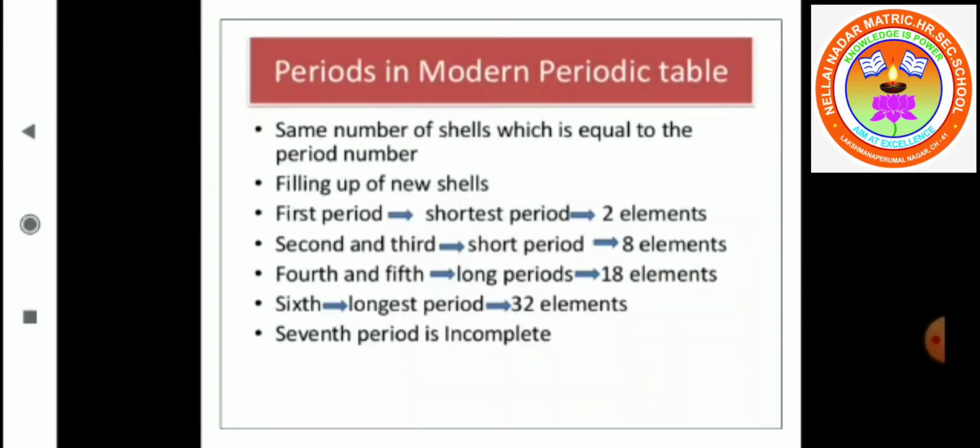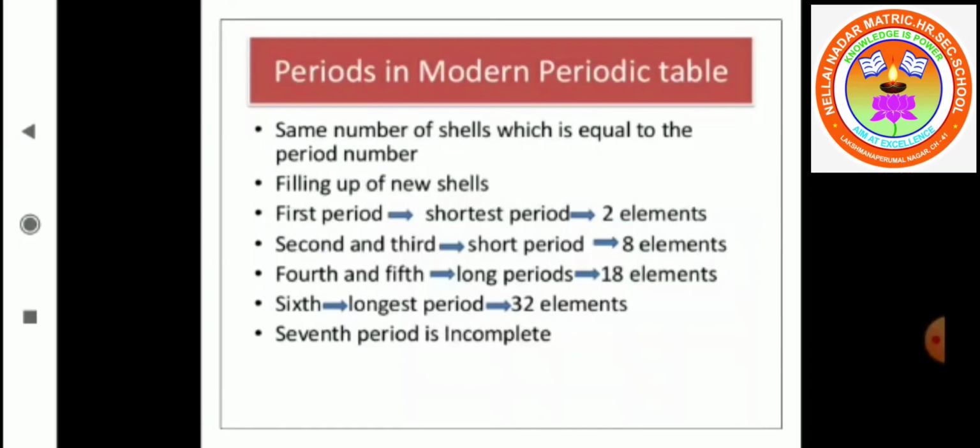So children, the period number corresponds to the number of shells in those elements. For example, hydrogen and helium belong to the first period in the modern periodic table. It means that these two elements have only one shell in their structure. Okay. Similarly for the other period elements also.